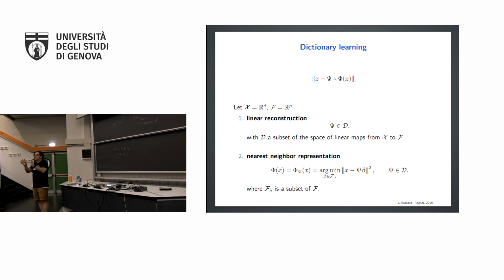We need to restrict the possible class of representation and reconstruction pairs that we allow. This is what we need to do, because we have to say that they have to be simple in some way. We're going to begin doing this in a slightly abstract way, but you will see in a second that it becomes very natural.